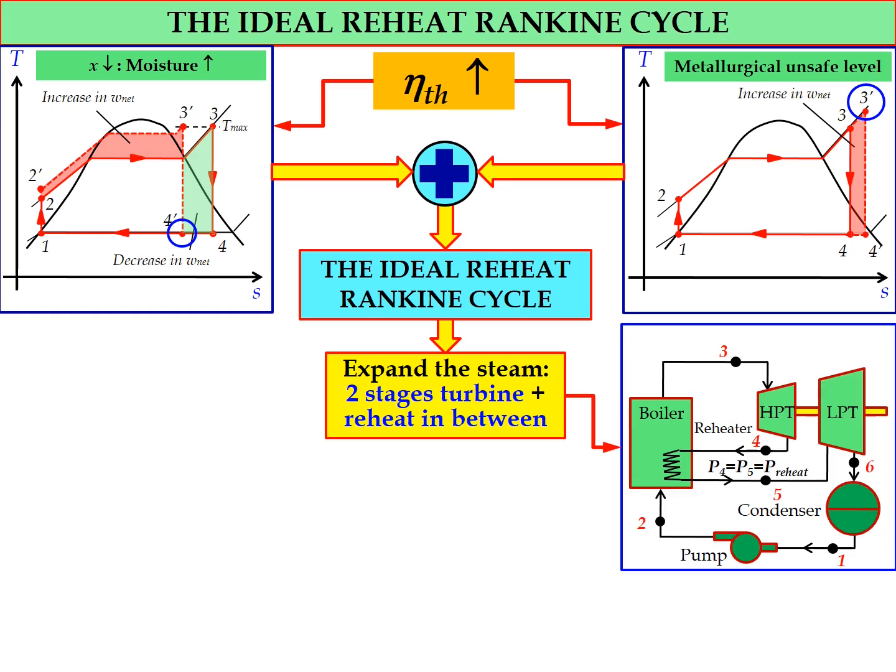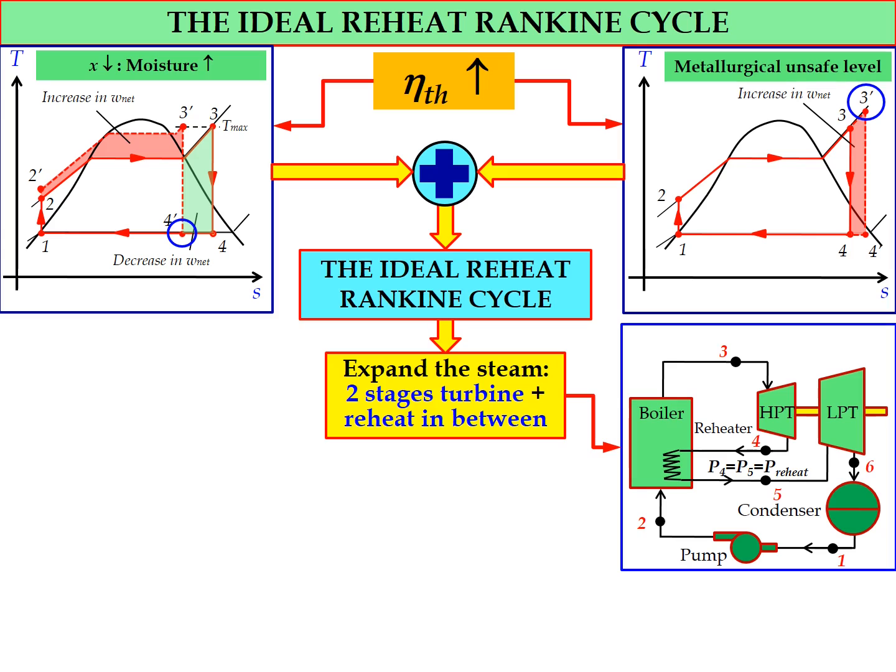The schematic diagram for the reheat Rankine cycle will consist of one pump, one boiler, 2 stages of turbine consisting of a high pressure turbine and a low pressure turbine, and also one condenser.